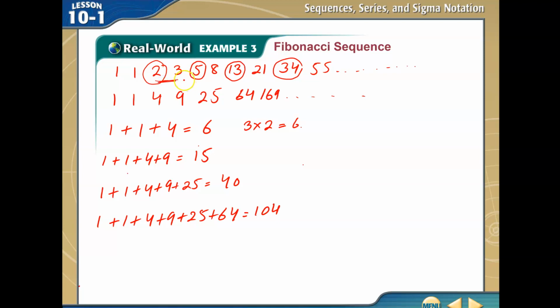Next one is the multiplication of 3 and 5, right? 3 times 5 equals 15.